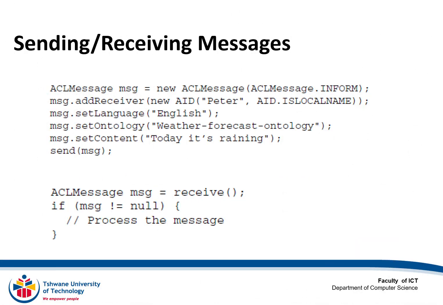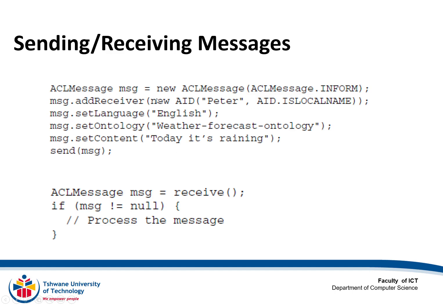Okay, so when you think about sending and receiving messages using ACL, I just want to give you an example of an inform, which is almost like a notify within Jade. So here you've got your ACL message and the type of message you're using, inform in this particular case. And then the receiver will be Peter.